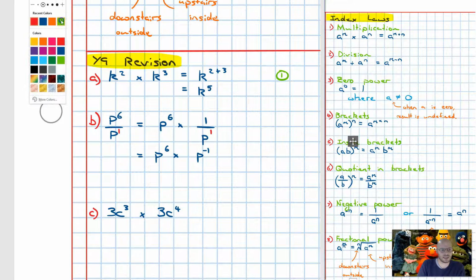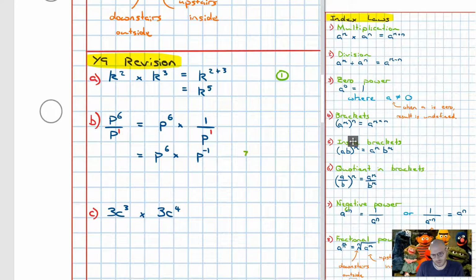Now using rule 7, I'm going to change it to this form seen on the second line here. And then using rule 1, we're going to add them together. 6 plus negative 1. Thus yielding a value of p to the power of 5. So a little bit overcomplicated, but it explains why it works.